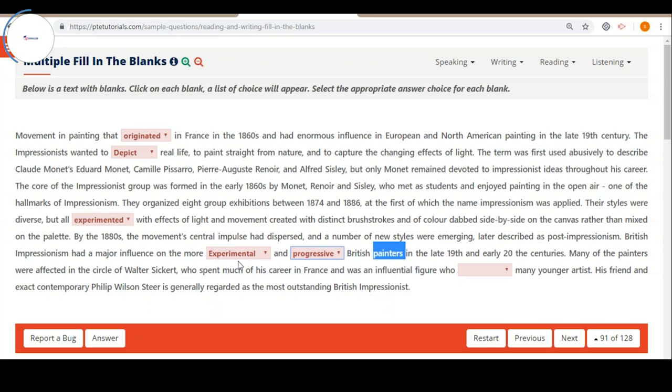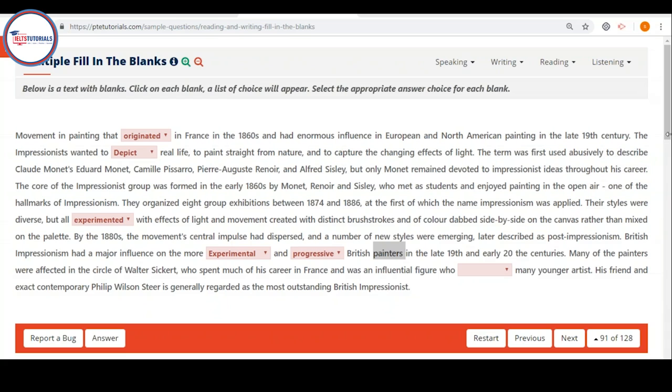Here, inspired means to stimulate someone, to stimulate the process. I cannot choose the word persuaded. Who encouraged many younger artists, talking about painting. Encouraging means doing some effort for those persons.